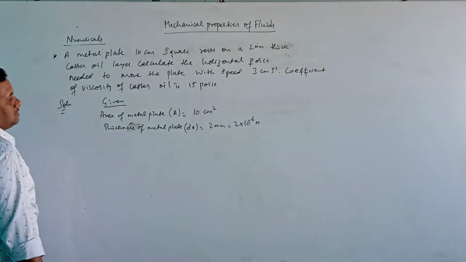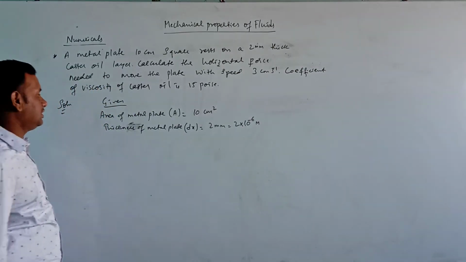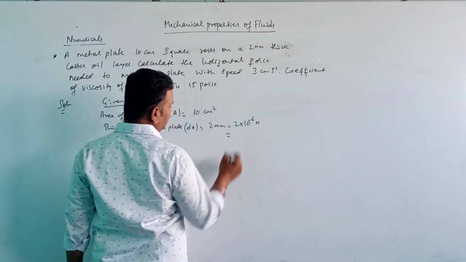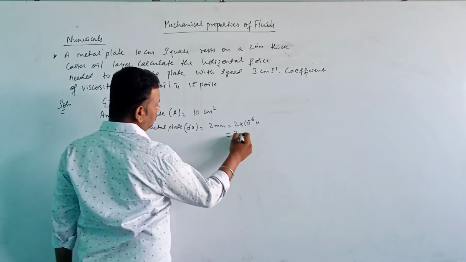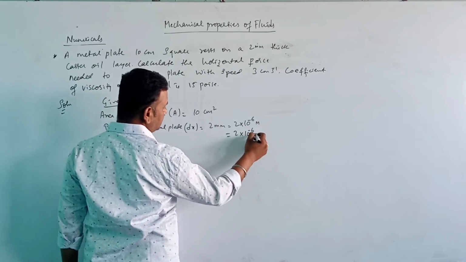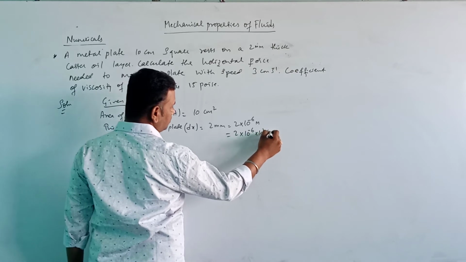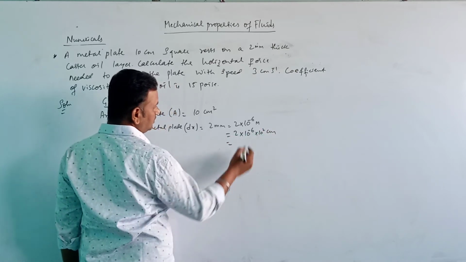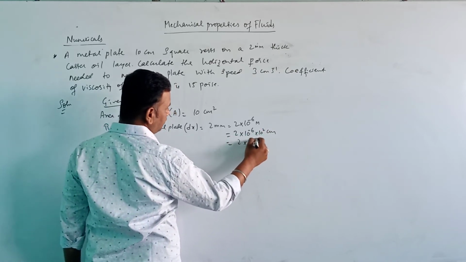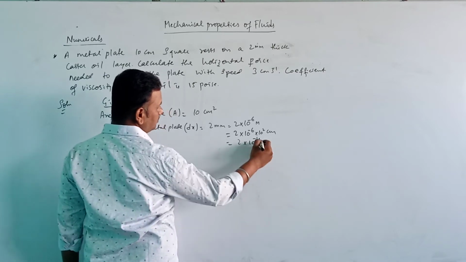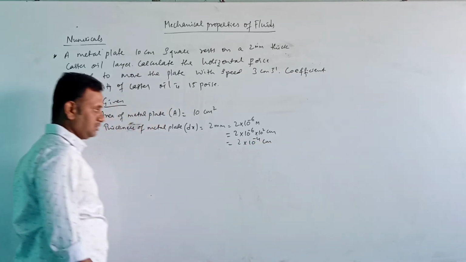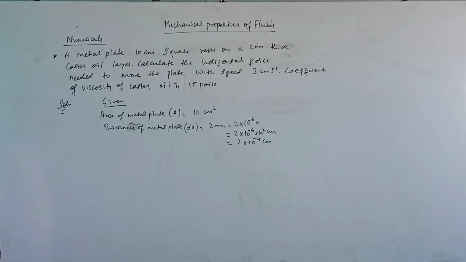Okay, so to convert it to centimeter, what we will do here? 2 into 10 to the power of minus 3 into 10 to the power of 2 centimeter. Then it will be 2 into 10 to the power of minus 1 centimeter.